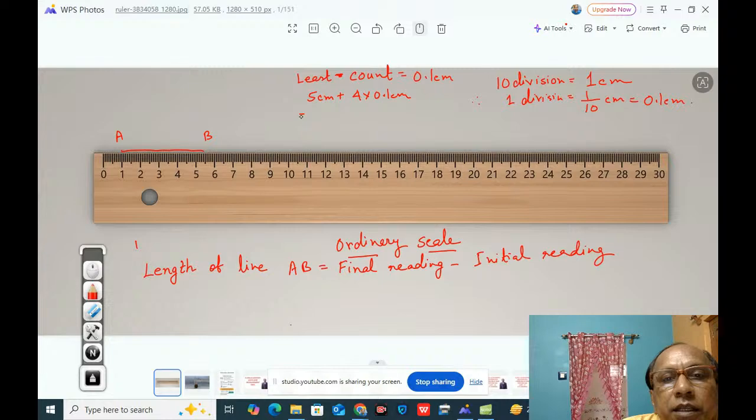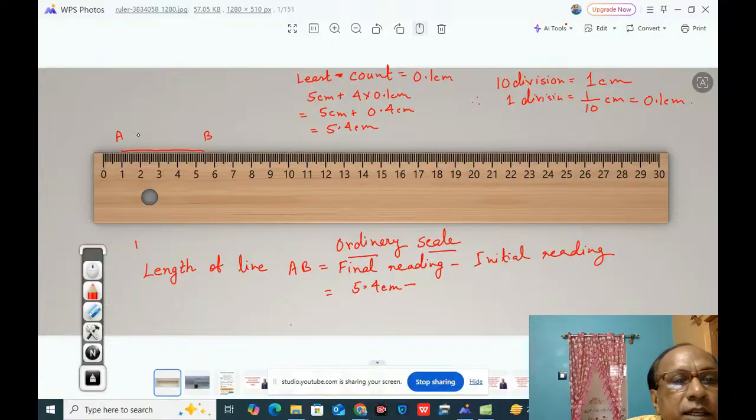So we get 5 centimeter plus 0.4 centimeter, and ultimately 5.4 centimeter. Therefore, the reading of B is 5.4 centimeter, and the final reading is 5.4 centimeter.